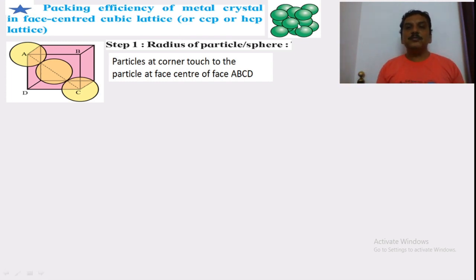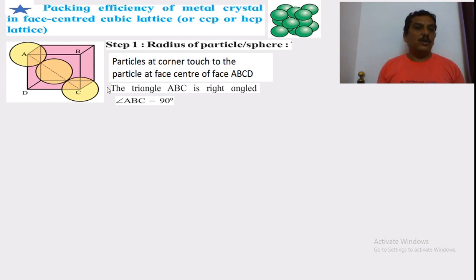In case of FCC, the arrangement of particles is like this: the particles are present at the corners and also at the center of each face, and the contribution of particles we also know.